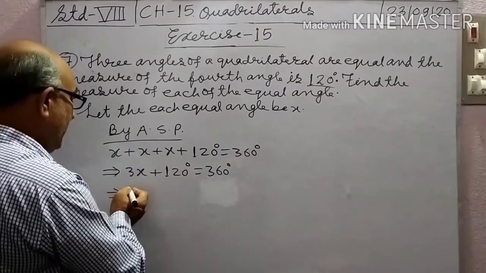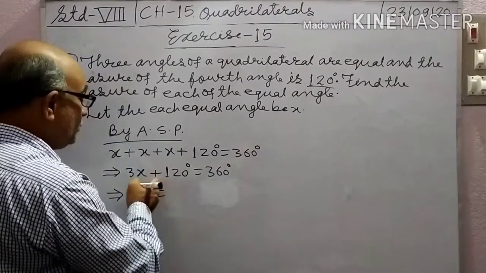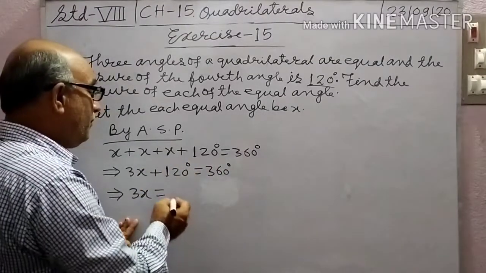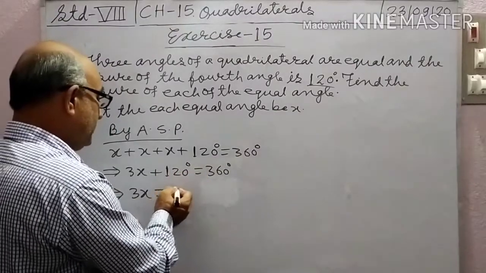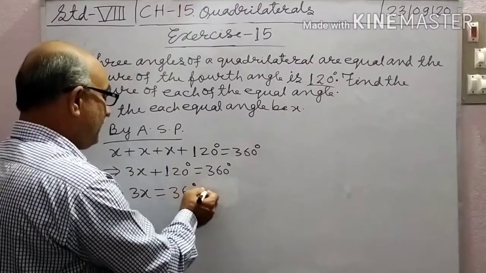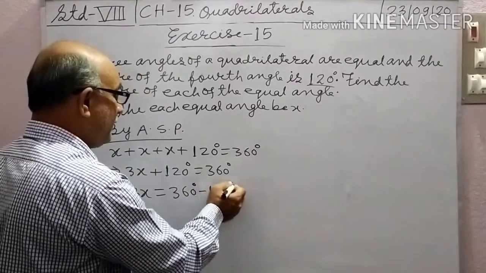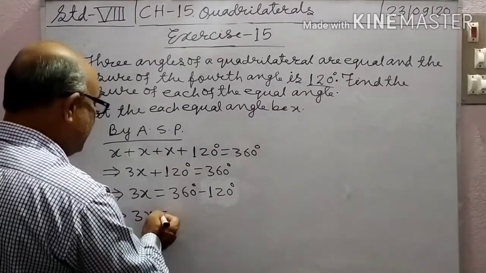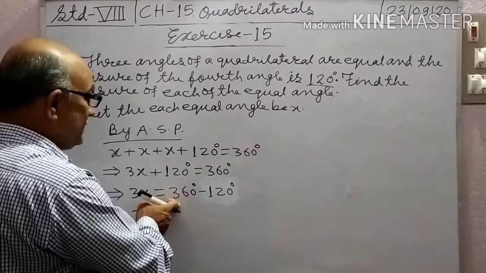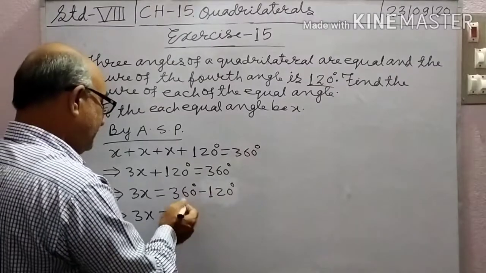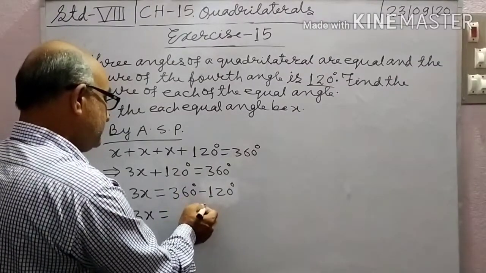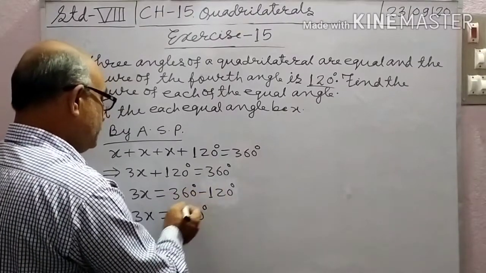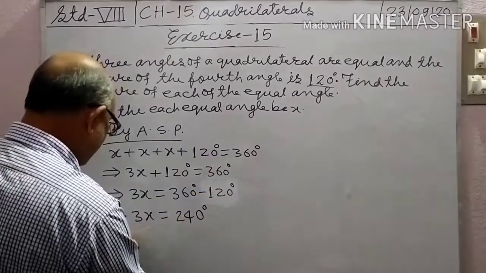Next step is that implies 3x equal to 360 degree minus 120 degree, by transposition. 0 minus 0 is 0, 6 minus 2 is 4, 3 minus 1 is 2. 240 degree.